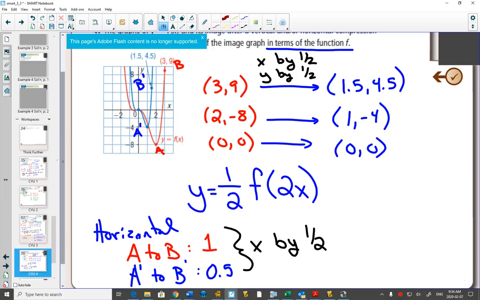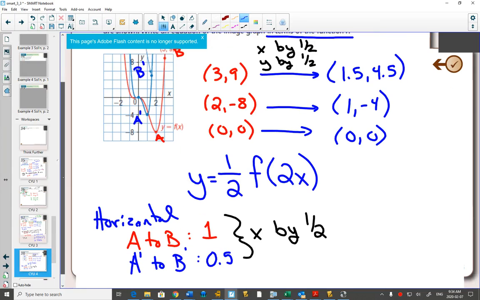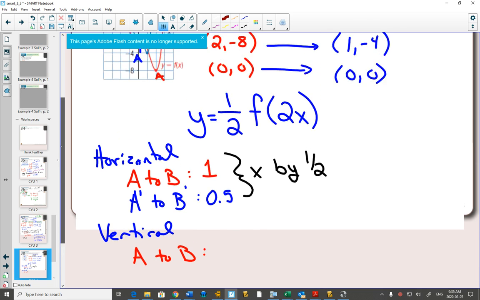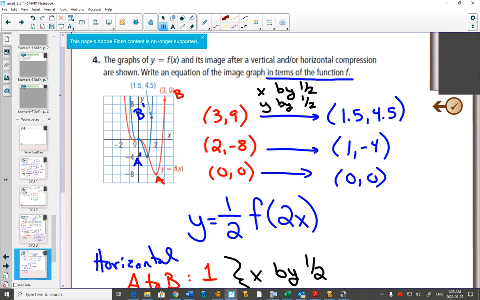Okay? Vertical, we do the same thing with our vertical distances. We look at A to B on the red graph. A starts at -8 and goes all the way up to 9.